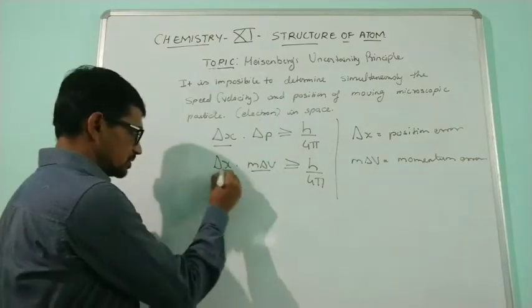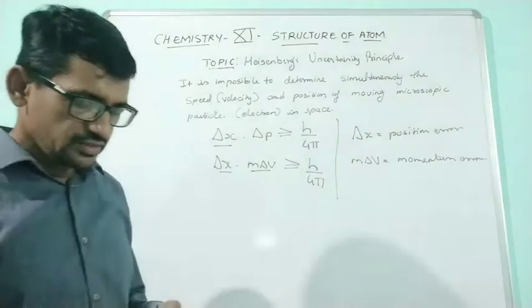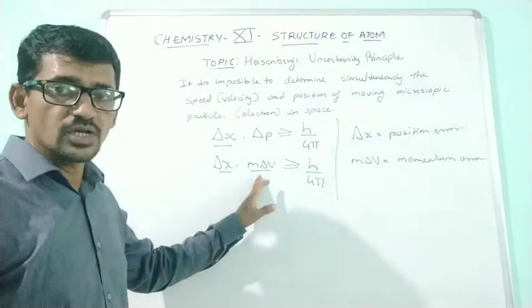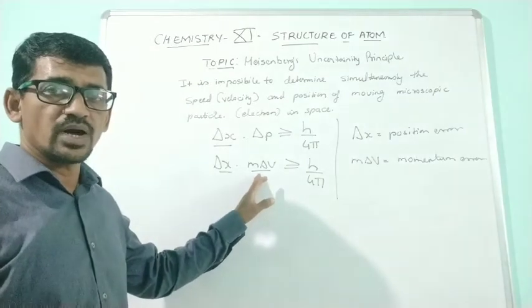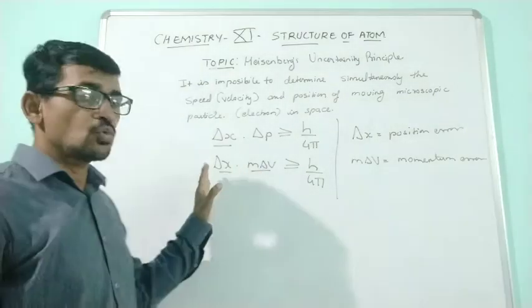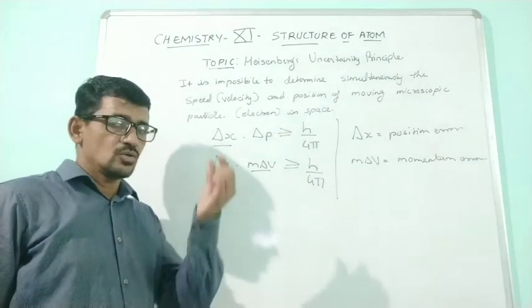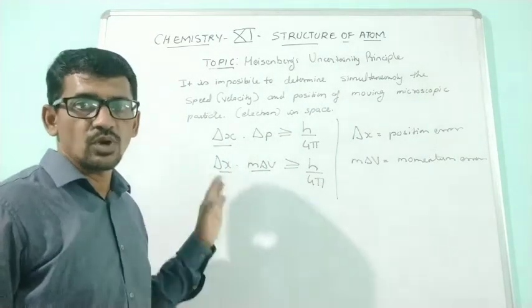So it is difficult to find simultaneously the position as well as the speed or momentum of a moving microscopic particle in space. Suppose we want to find the position of a microscopic particle whose volume is very small.